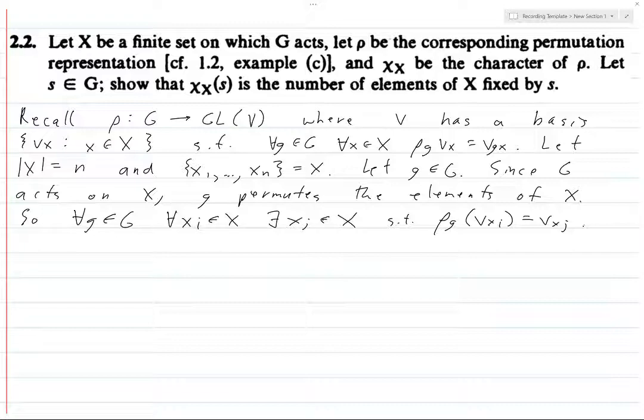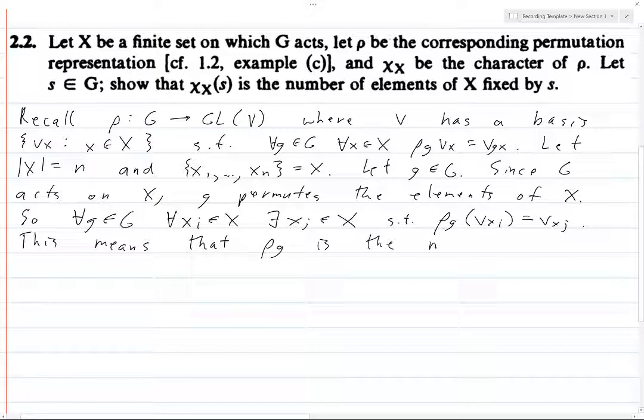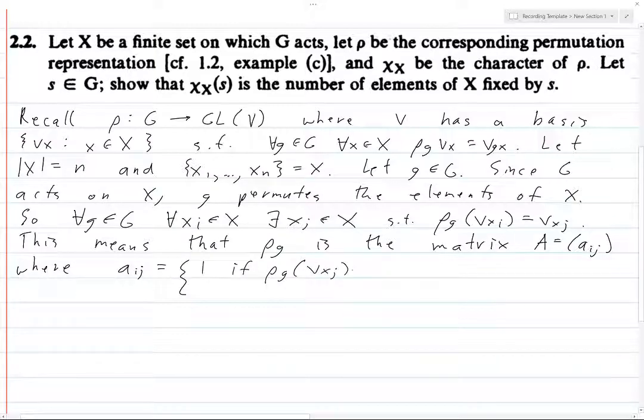So anyways, this means that rho g is precisely the, so we want to write, the matrix A equals Aij, where Aij is going to be 1 if rho g Vxj equals Vxi, and 0 otherwise.